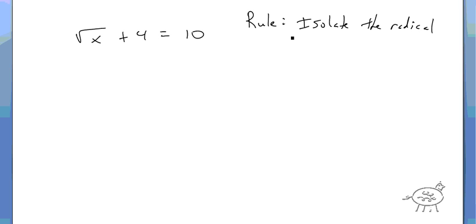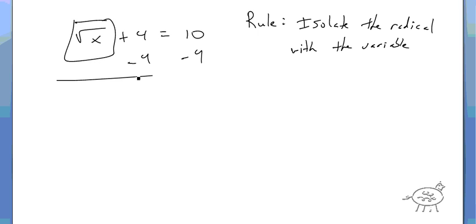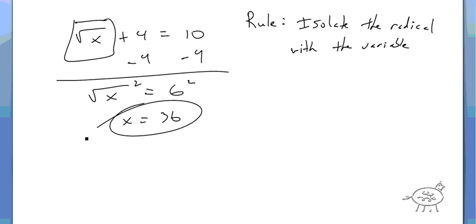So it's really isolate the radical with the variable. So basically you're solving for radical x. So I'm going to subtract 4 from both sides. So you get the square root of x is equal to 6. And then what do you do to both sides? You square both sides. So x equals 36. Okay, pretty mellow.